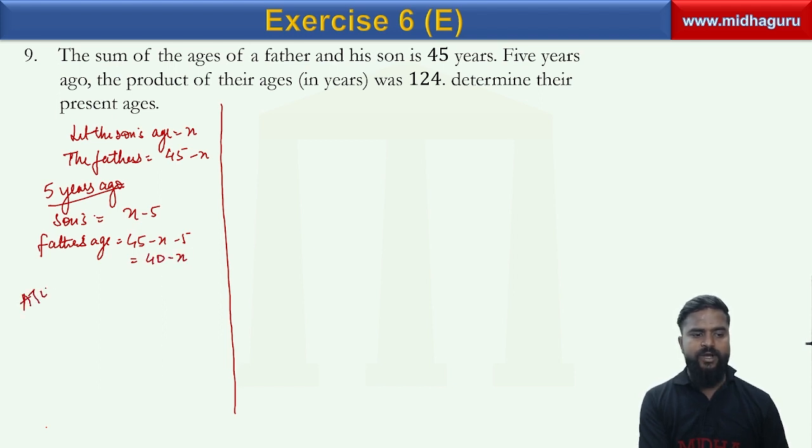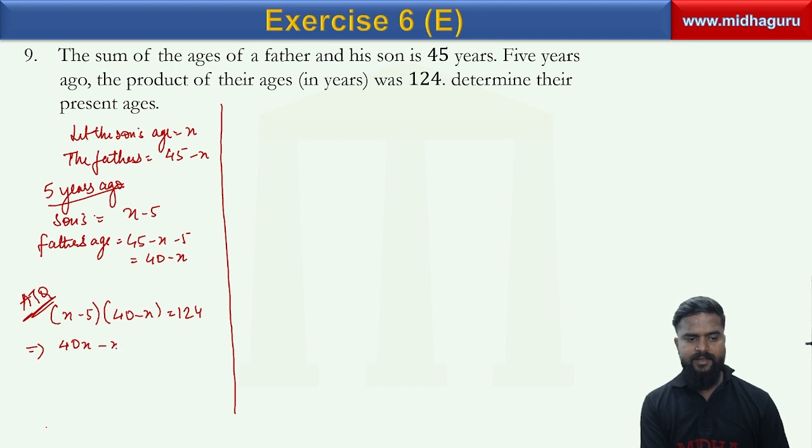Now according to the question, the product of these two ages, that is x minus 5 into 40 minus x, is equal to 124. On opening these brackets, we get 40x minus x squared minus 200 plus 5x is equal to 124.